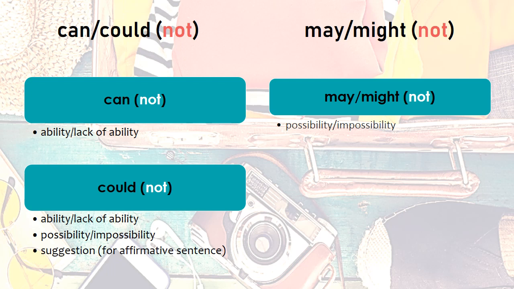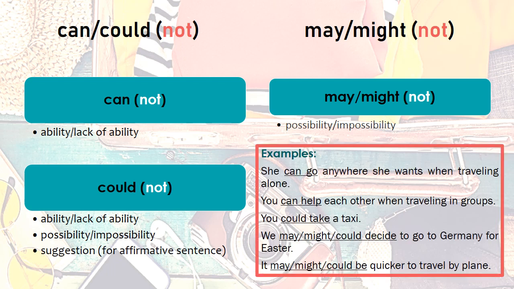The function is to show possibility or impossibility. Jadi fungsinya untuk menunjukkan kemungkinan. These are the examples.